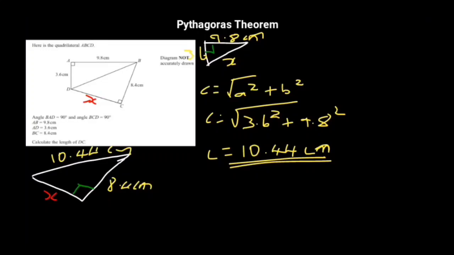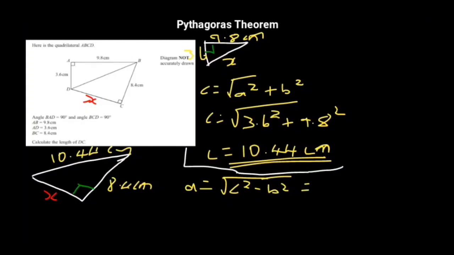And X, we'll consider that as the adjacent, which is A. From our previous formula, once again, we know that A is equal to the square root of C squared minus B squared. Substituting our values for C and B, we have A is equal to the square root of 10.44 squared minus 8.4 squared.